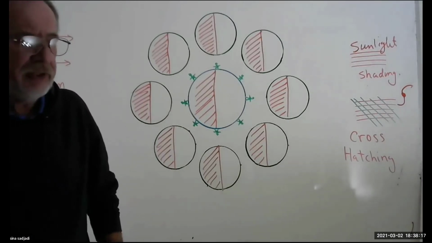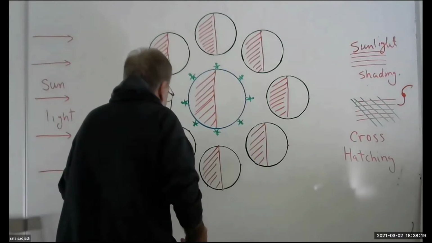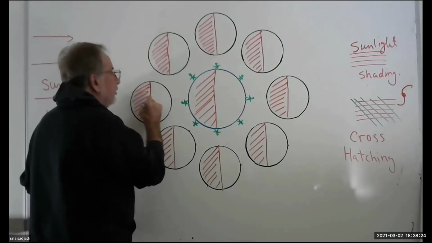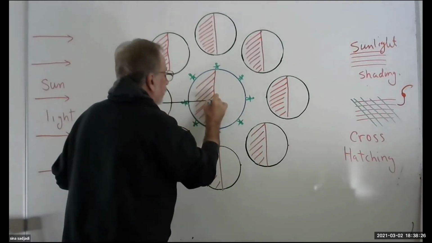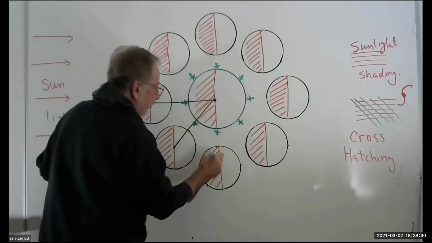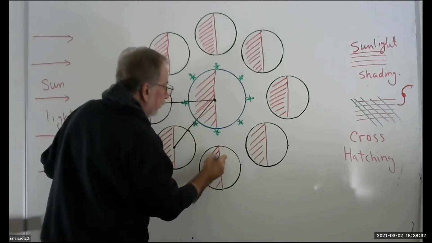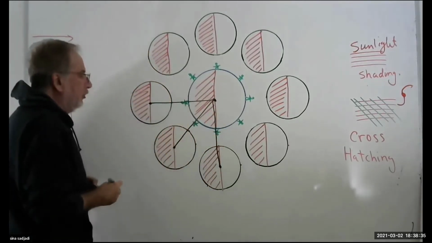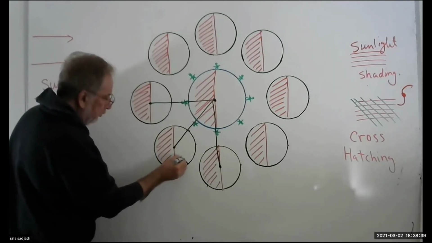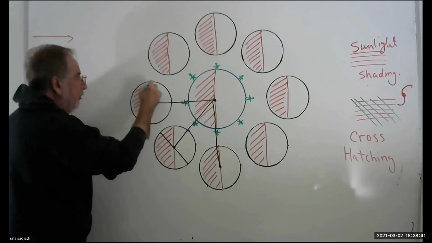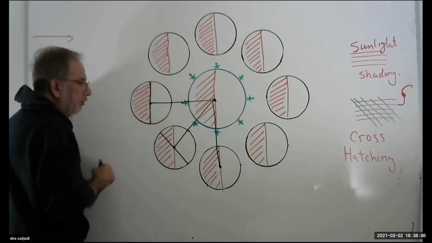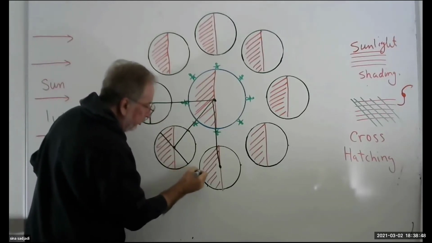Well, the one way to do it is this. We draw a line from the center of the Earth to the center of the moon, like this. It doesn't have to be perfect. Now, if I draw a perpendicular line like this, this will tell me how much sunlight on the moon is visible from the Earth.